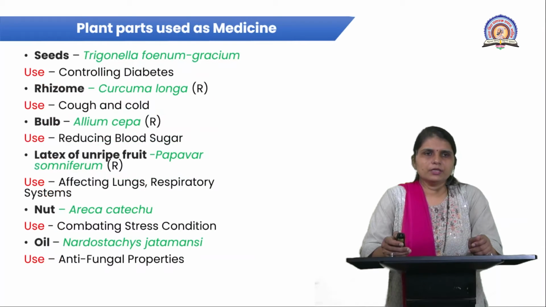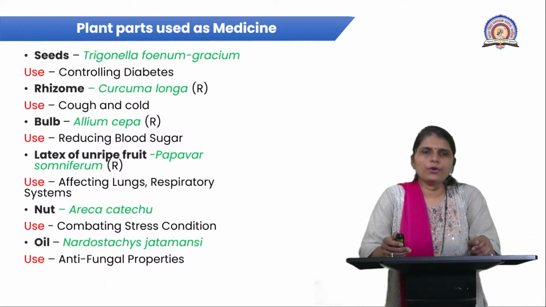Then next one is the seeds of Trigonella foenum-graecum, common name methi. Methi is used as a vegetable in our food, or as medicine for controlling diabetes.